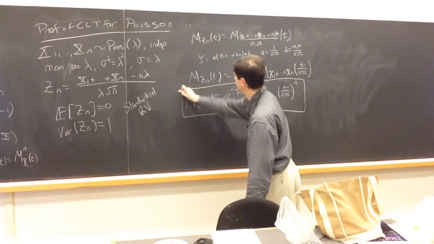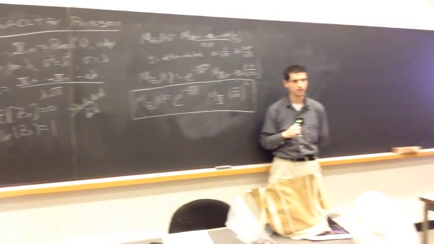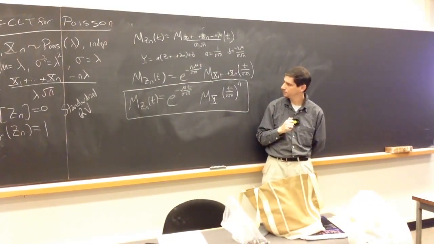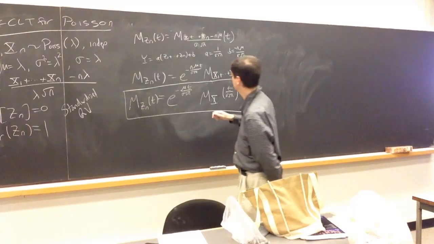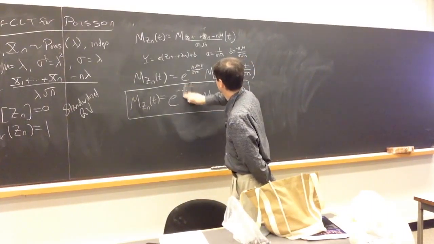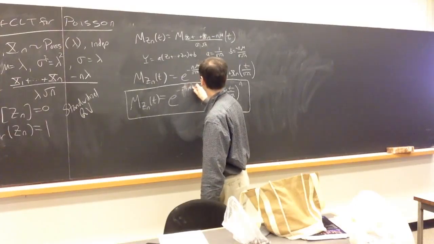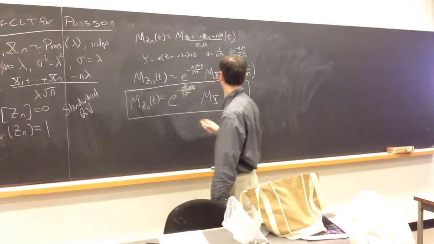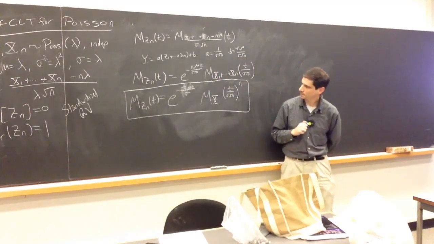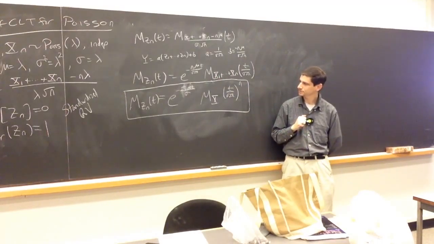So it is worth saving this formula. Would square root of n be on top for the e? Yes. So that's right, square root of n mu t over sigma. Thank you. All right, this is the formula worth saving.